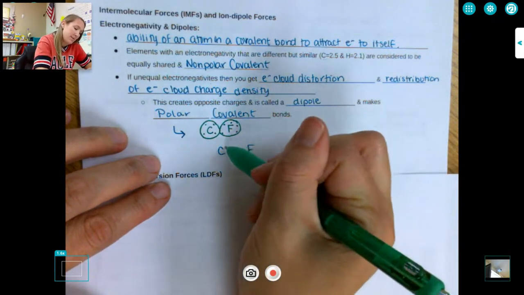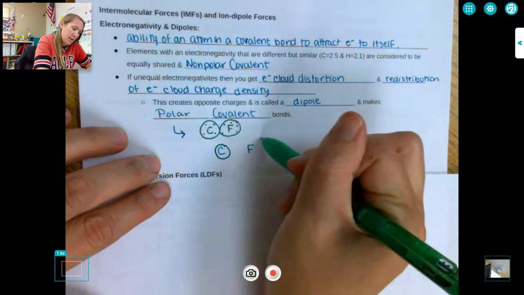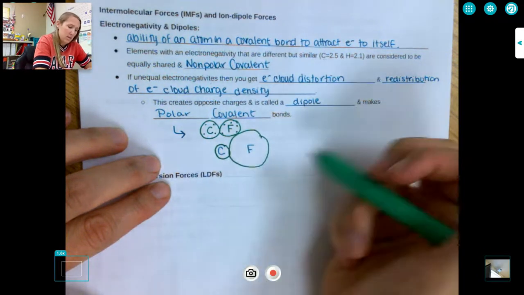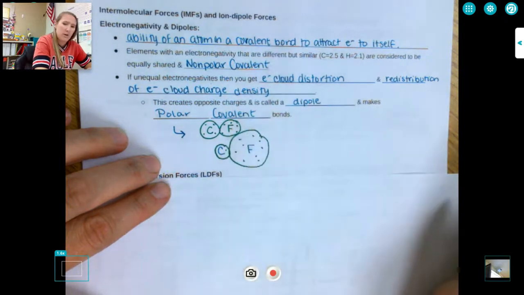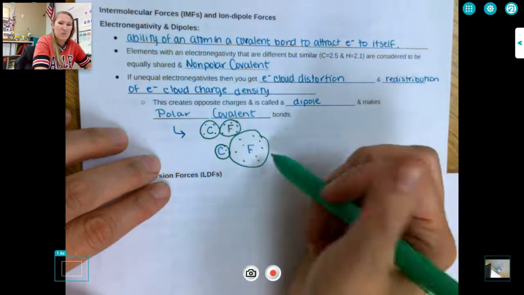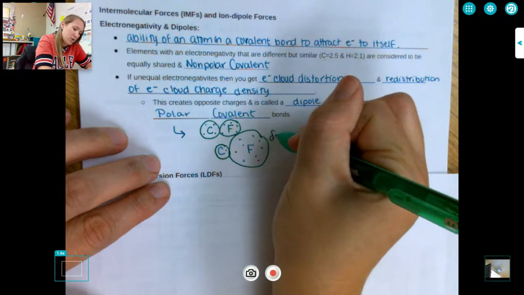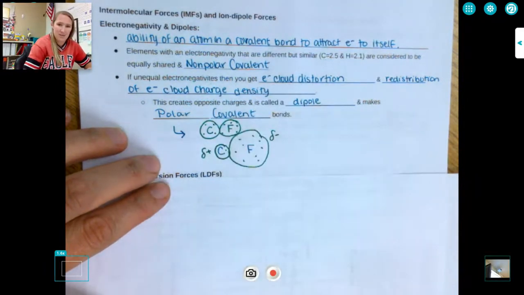And what would happen is less of my electrons will zoom around carbon and way more of them will hang out around fluorine. So I'd have way more electrons around fluorine and very few around carbon. So even though they're sharing and every once in a while these will come over here, for the most part, they're going to hang out around the fluorine, which makes this side partially negative and carbon partially positive.